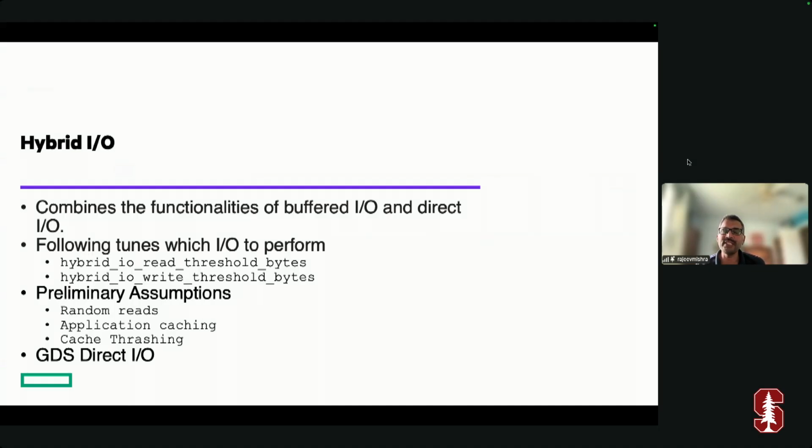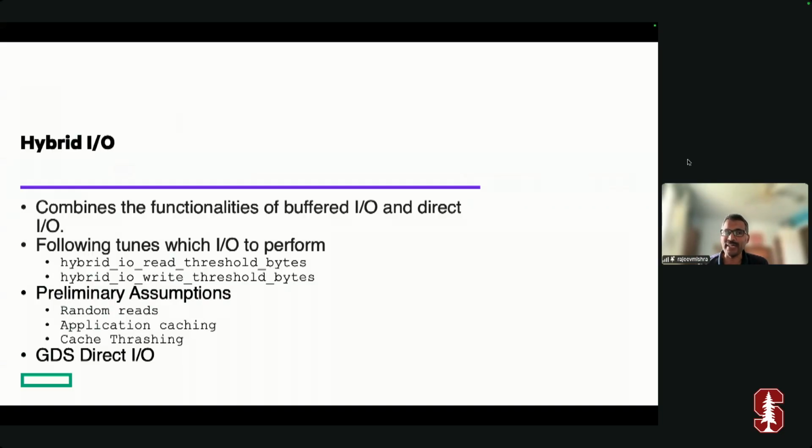If read is called, the data is read with direct IO, and we have two tunables there: a read threshold and a write threshold. When you hit that threshold, it will do a direct IO. For example, if you set it to 1K, then any read of 1K or beyond will be treated as direct IO.